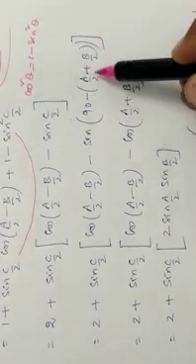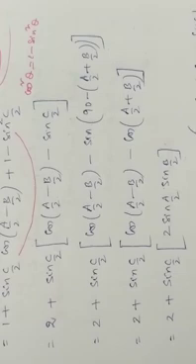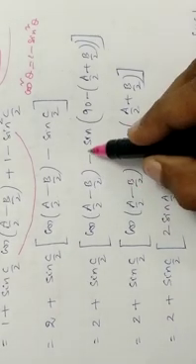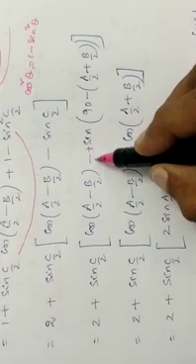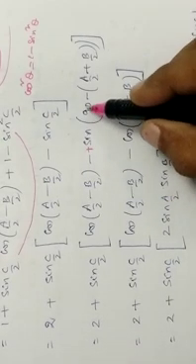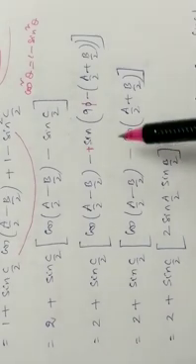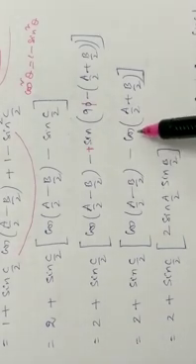Sine of 90 minus theta. In which quadrant? First quadrant. In the first quadrant, all are positive. So, sine is also positive. So, put plus. Remove 0; 9 is odd, so sine will change to cos. So, cos.